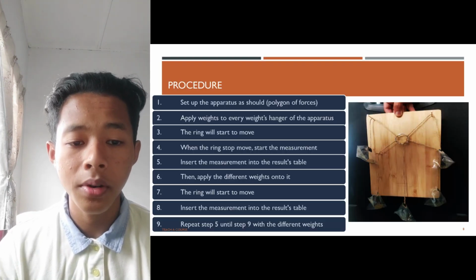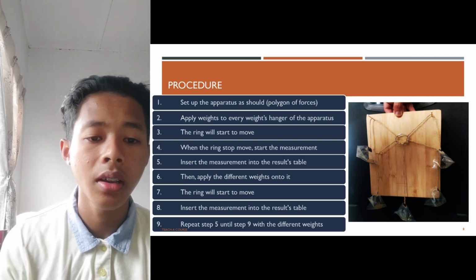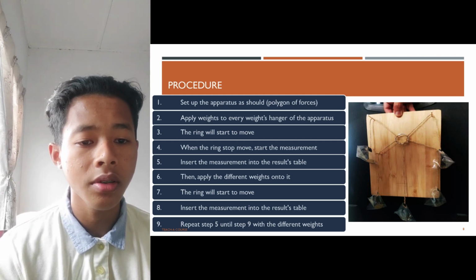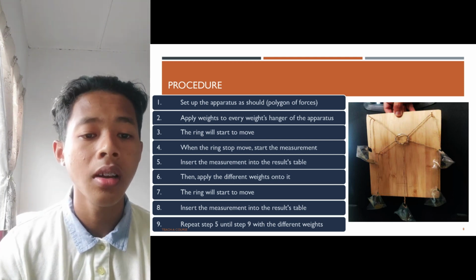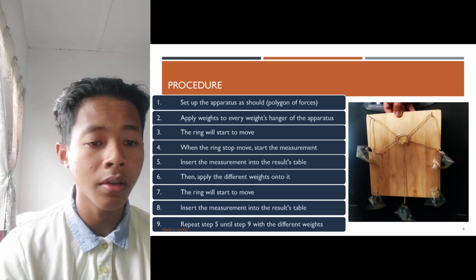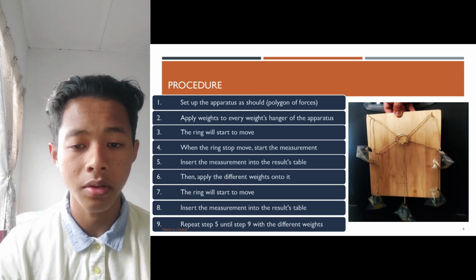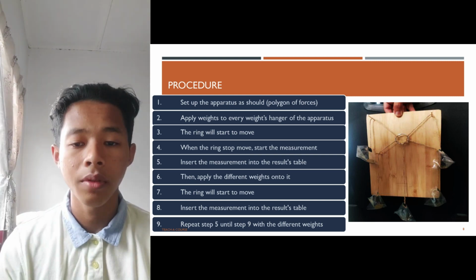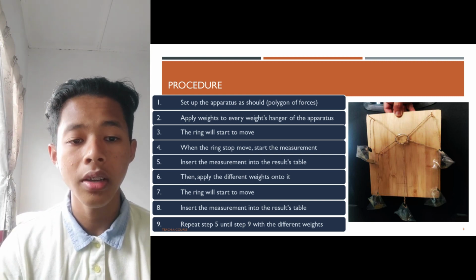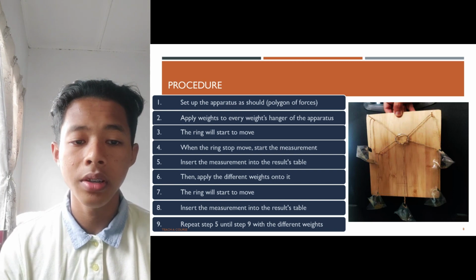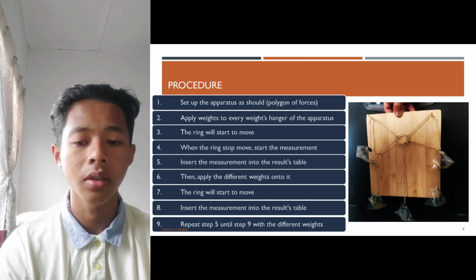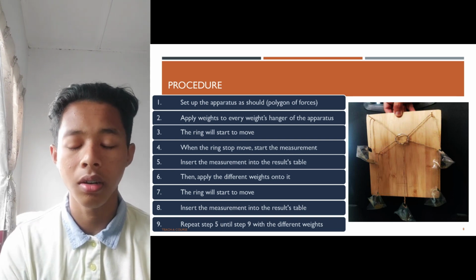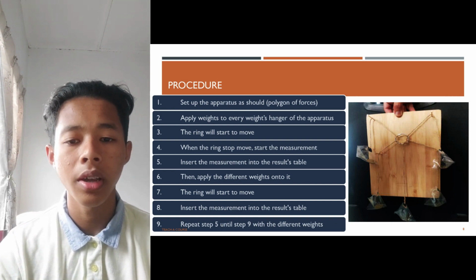Alright, for the procedure, firstly, we are going to set up the apparatus as shown. Second, apply weight to every weight hanger of the apparatus, using the plastic pouch as a replacement for the weight hanger. Thirdly, the ring will start to move after we put weight coins in the weight hanger.